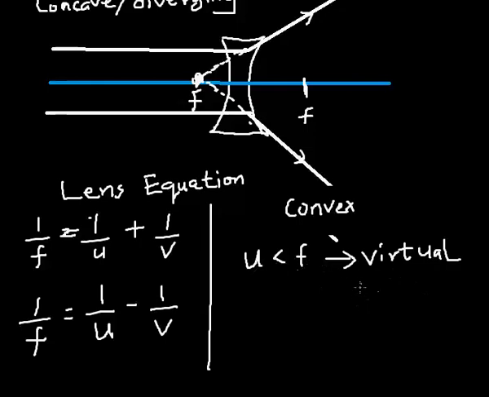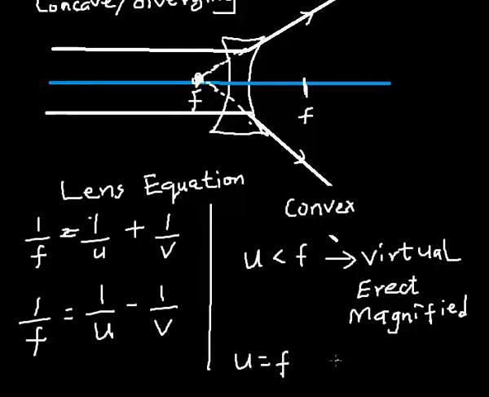The image is virtual, erect, magnified. And when you bring the object to f, you have an image formed at infinity.